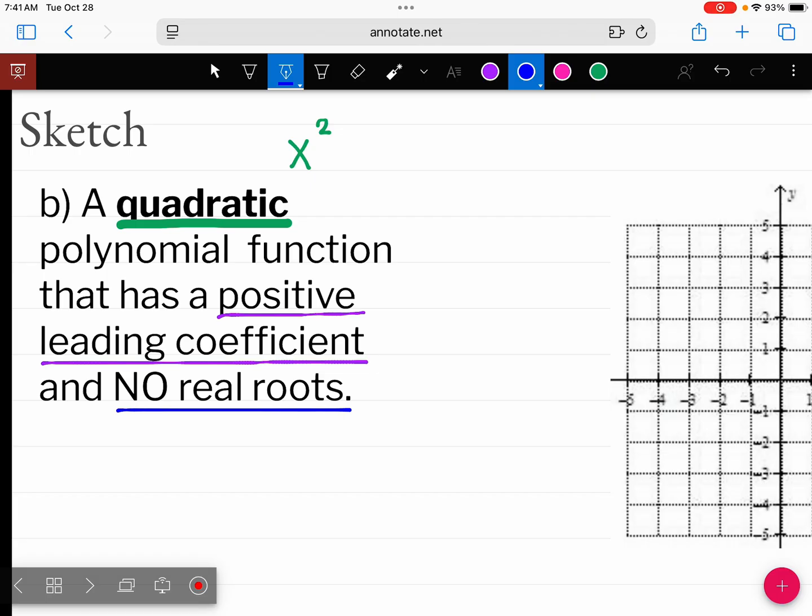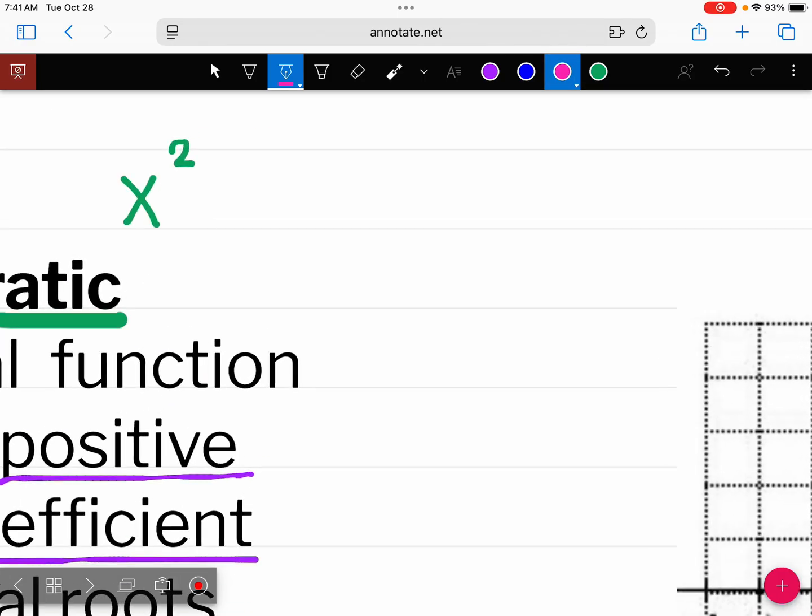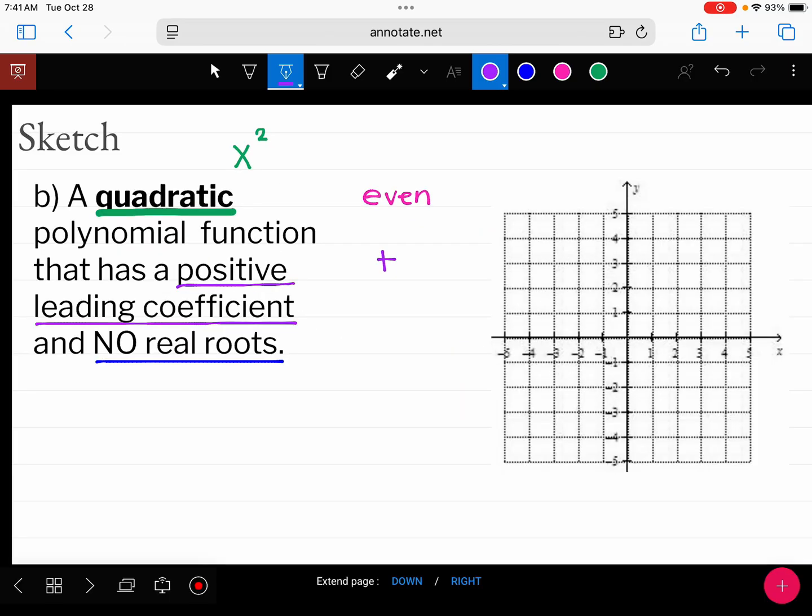So is this even or odd? Even. Our degree tells us it's even. Are we positive or negative? Positive. That's our leading coefficient that tells us if we're positive or negative. So that's enough for us to get our end behavior.